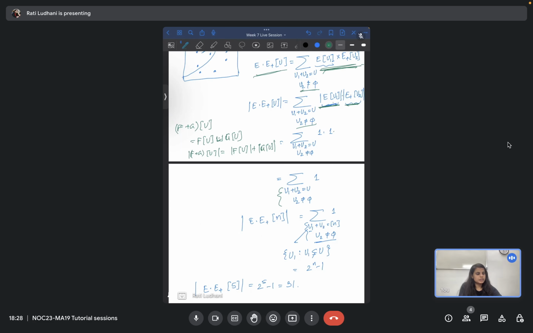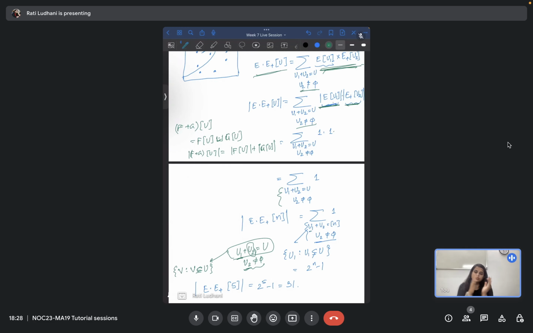So this set is U1 plus U2 is equal to U, and U2 is non-empty. This basically is just the set of all subsets V contained in U. Now we have to remove the possibility of U2 being empty. So U2 cannot be phi. When will that happen?